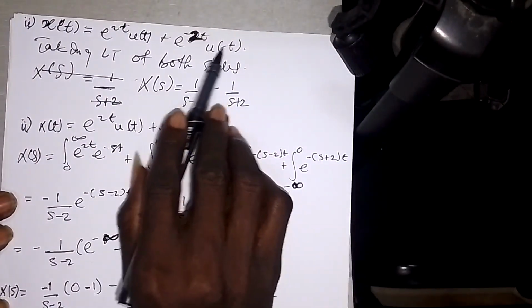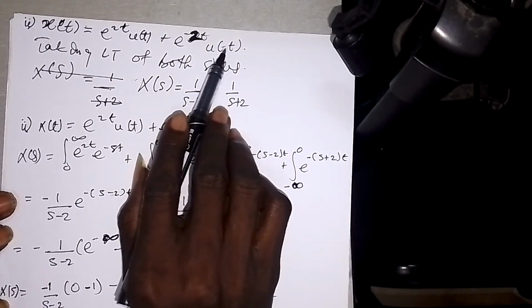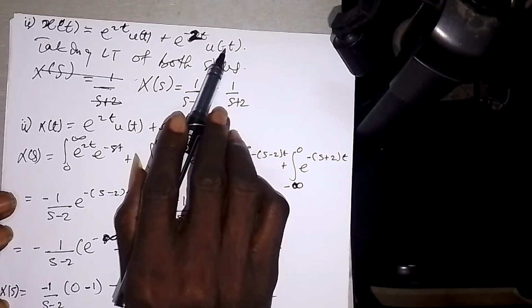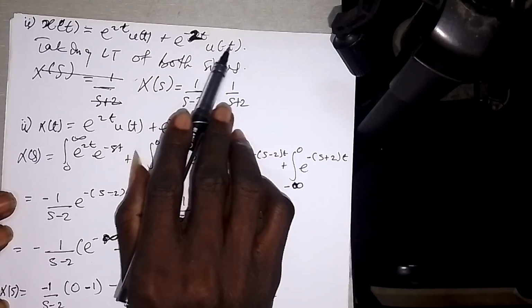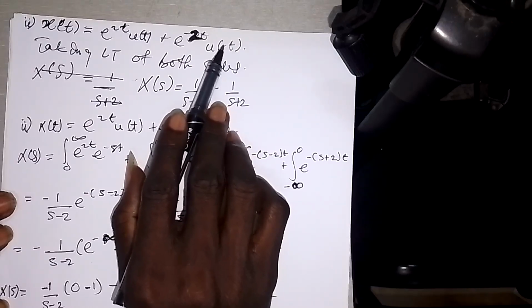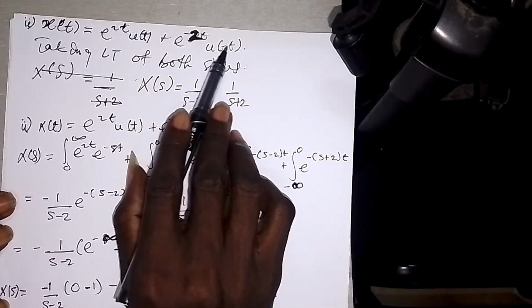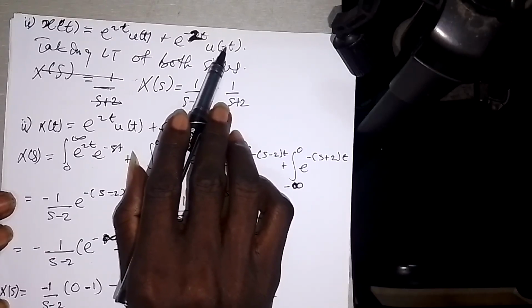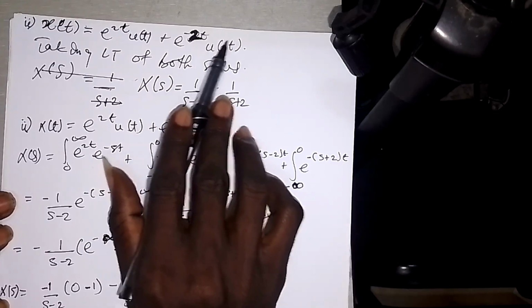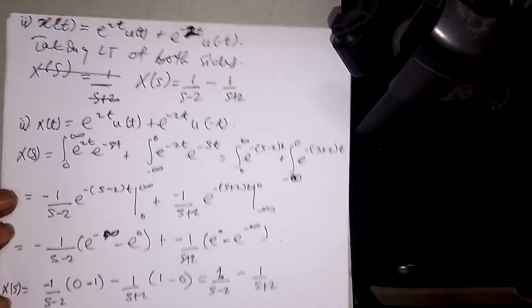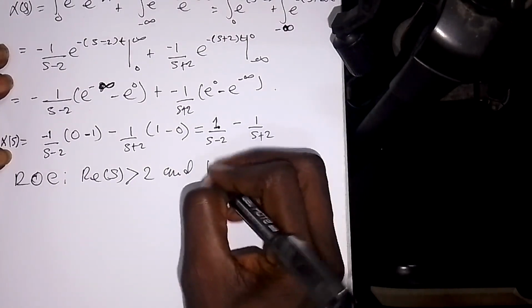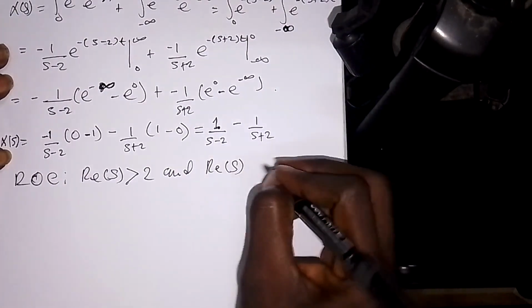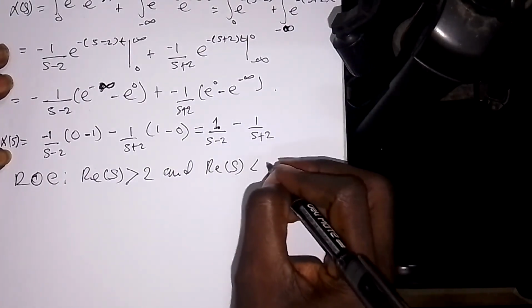Here it's lying in the negative region of the x-axis. In the negative region of the x-axis, real of s is less than 0. So that means I'll have real of s less than minus 2.